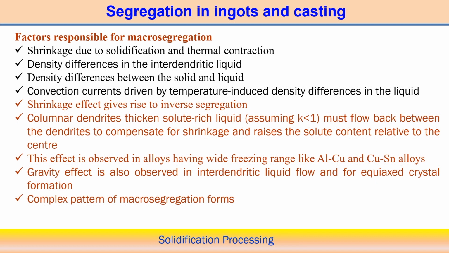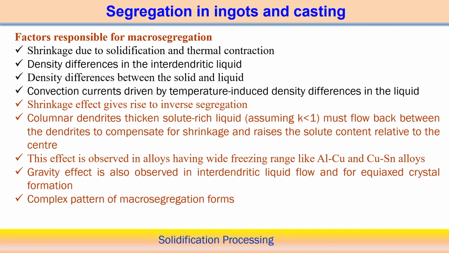Apart from that, density differences in the interdendritic liquid. The liquid trapped within the interdendritic spaces might have a different density from the remaining liquid. So that influences macro segregation, and of course density differences between the liquid phase and the solid phase. And convection currents driven by temperature induced density differences.